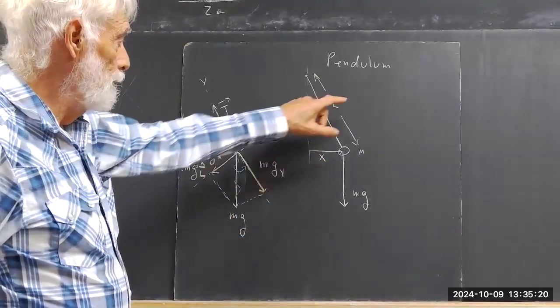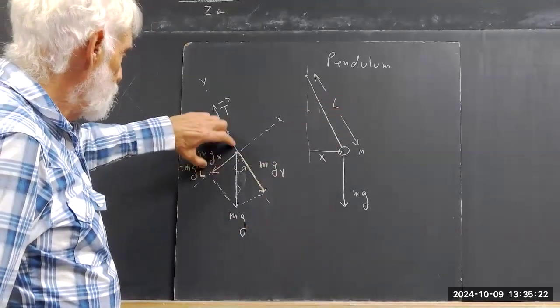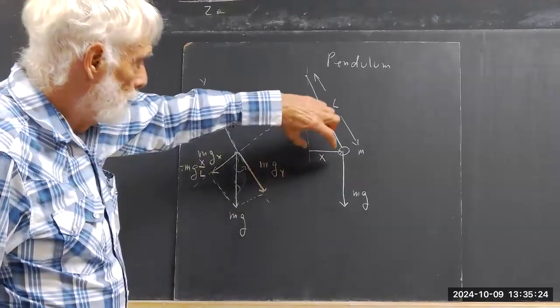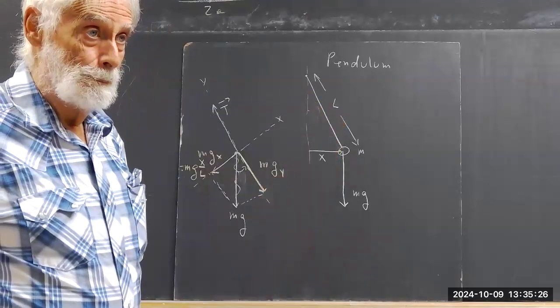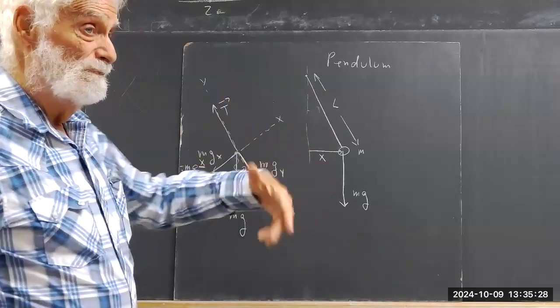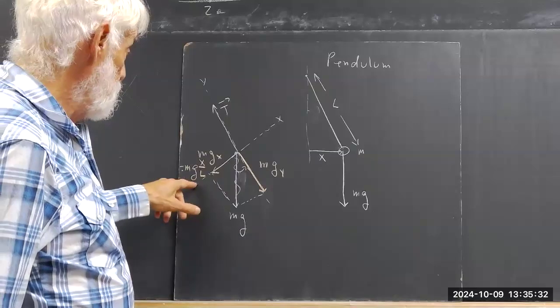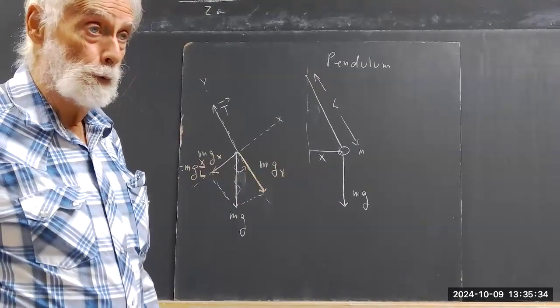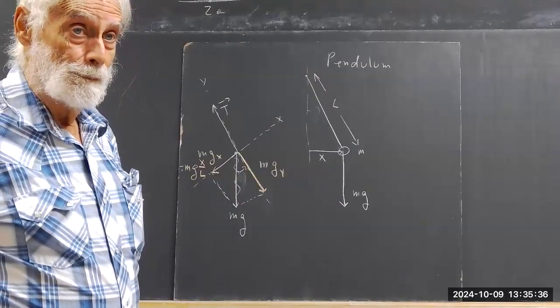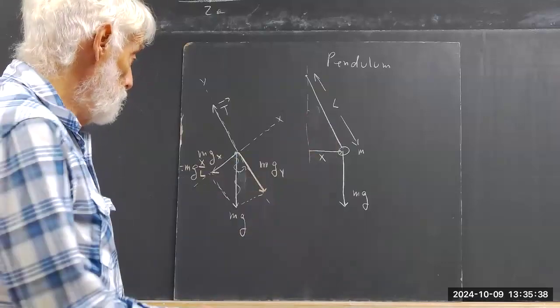So your hypotenuse is MG as opposed to L. This side corresponds to X. Okay, just by what's opposite, what's that hypotenuse. So you get MGX over L without ever having to go through the sine. You got all the information you need.